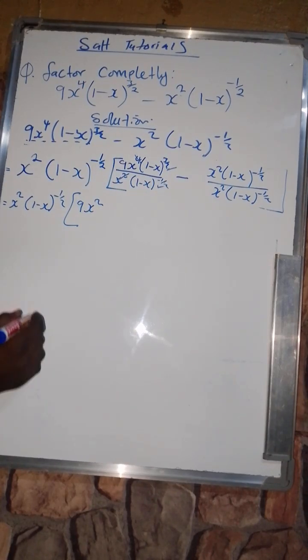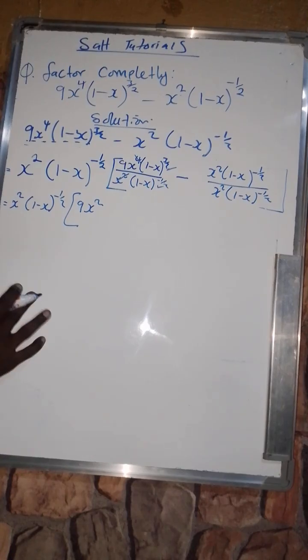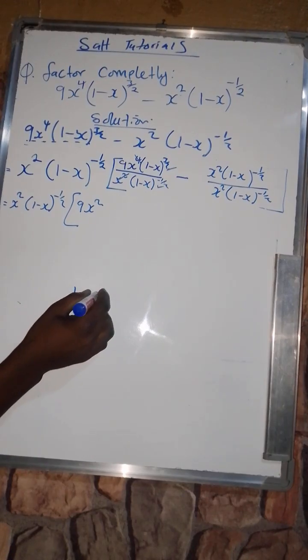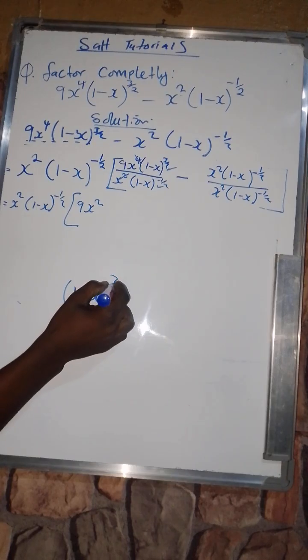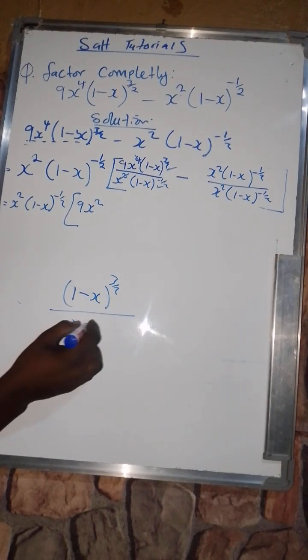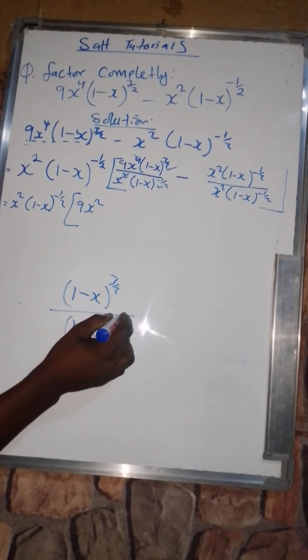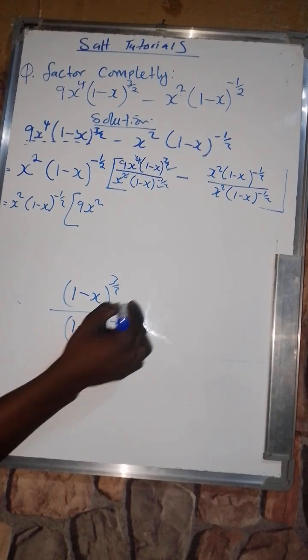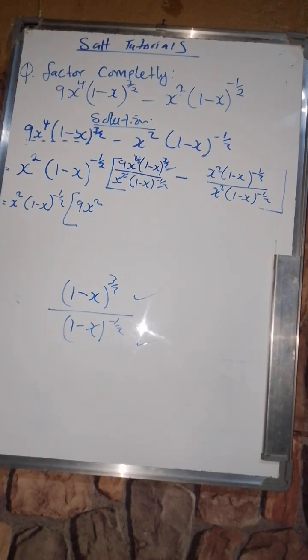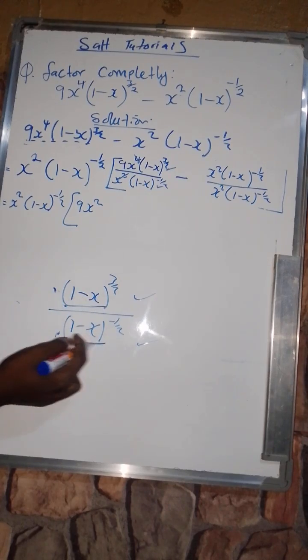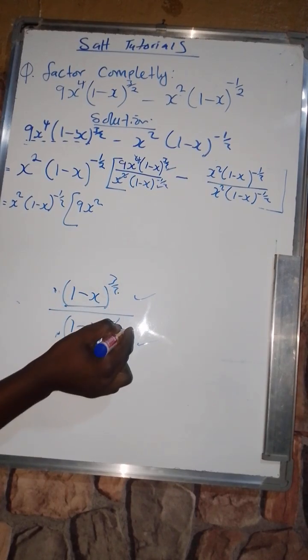We are simply looking at 1 minus x power 3 over 2 divided by 1 minus x power negative 1 over 2. So this is more like division of indices. Same bases. This is the same base as this one, but we have different powers.